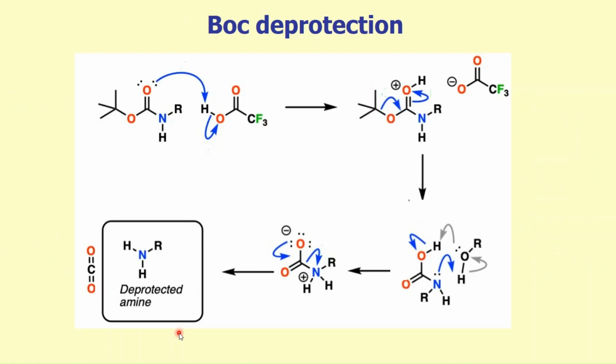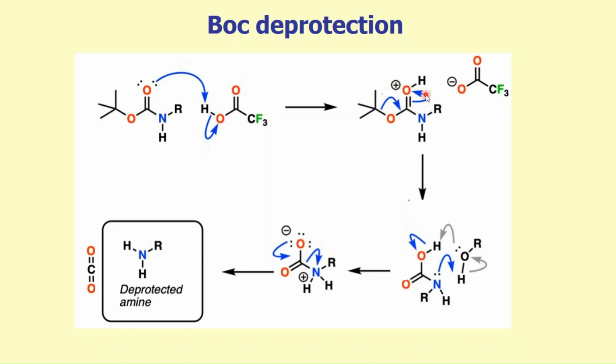The BOC deprotection is carried out like this by using trifluoroacetic acid. The oxygen protonation occurs, giving rise to trifluoroacetate ion, and the O group gets protonated, making the oxygen here electron deficient.